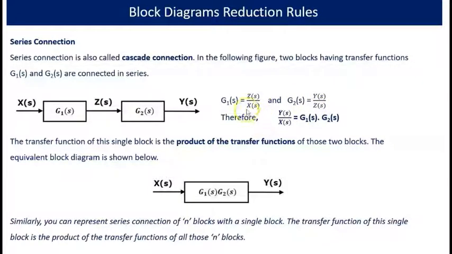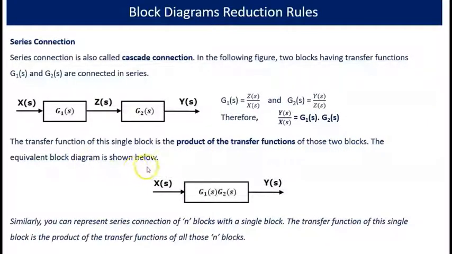Therefore, Y of S by X of S, that means Z of S by X of S into Y of S by Z of S. Z of S will get cancelled, and Y of S by X of S is equal to G1 of S into G2 of S. So the transfer function of this single block is the product of the transfer function of individual blocks.